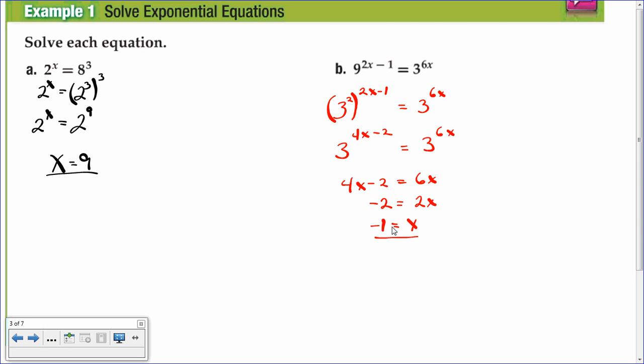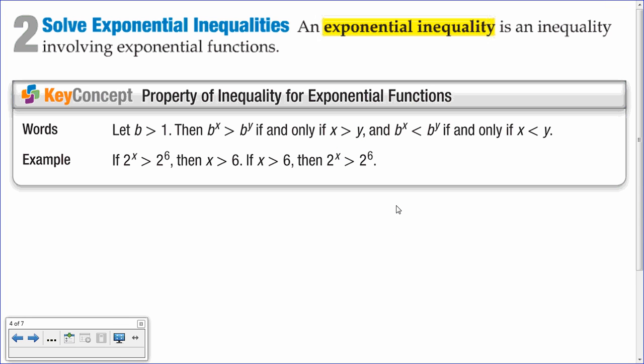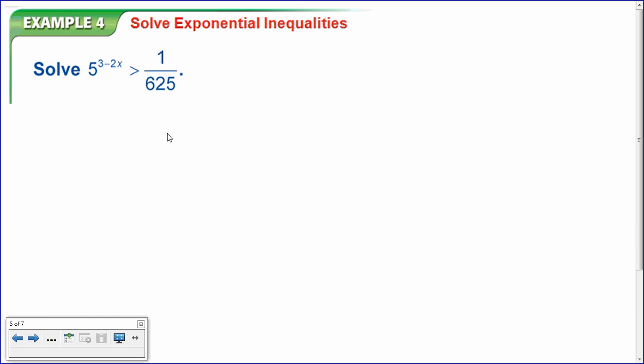That's my first objective. My second objective for today is solving an exponential inequality. You're going to work them just like you did equations, all right? The whole point is that if the bases are the same, then the inequality holds true for the exponents also. Now, tricky part on this one is this number right there, 1 over 625.